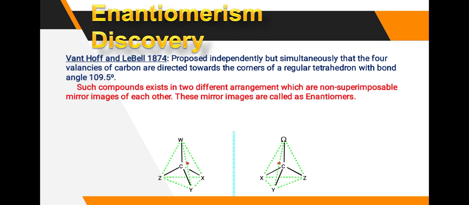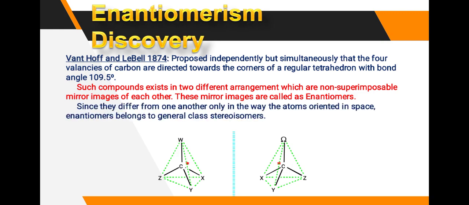Such compounds exist in 2 different arrangements which are non-superimposable mirror images of each other. These mirror images are called enantiomers. See here at the top W is there, at the right hand side X, then below Y, then on the left hand side Z. This is non-superimposable to the mirror image of each. So this is called enantiomerism.